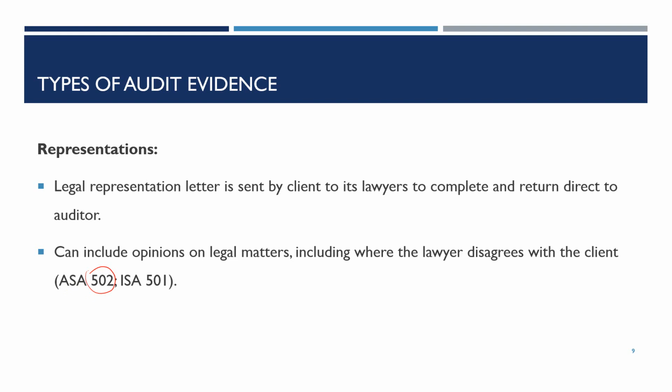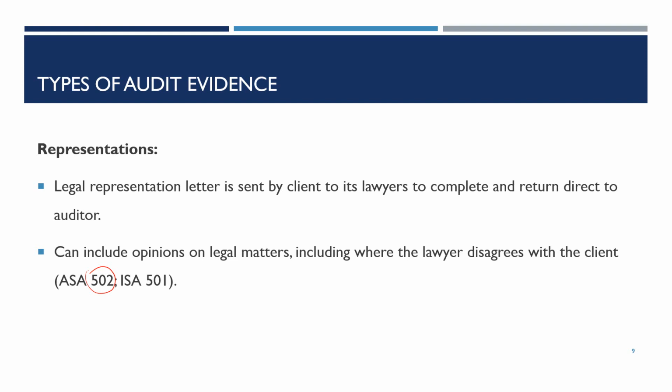When an auditor has reasons to believe that legal issues exist which may impact the financial report, such as a client being sued by a third party, or when a legal firm is engaged by the client for the first time, a representation letter is requested from the legal firm or firms that their client deals with.